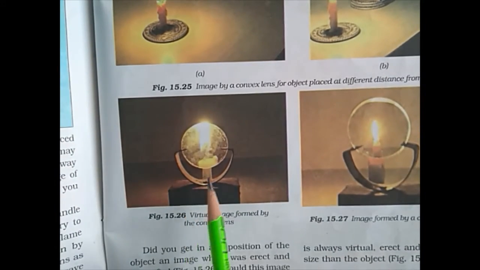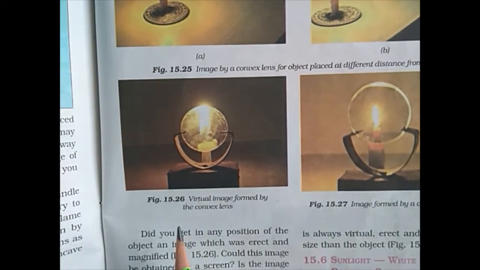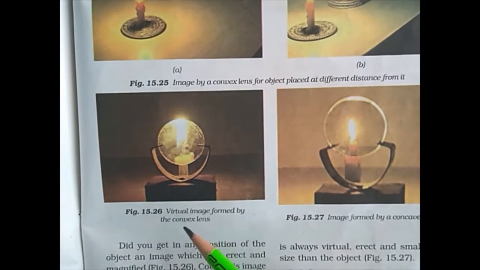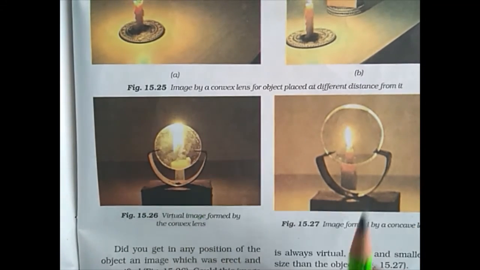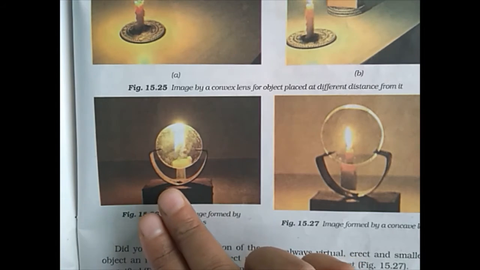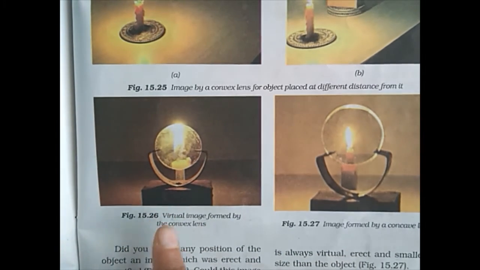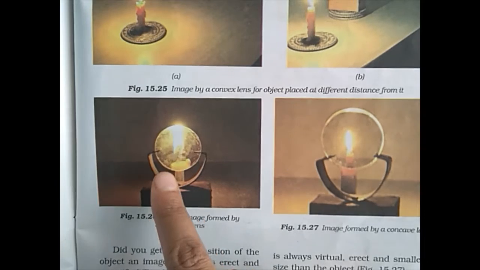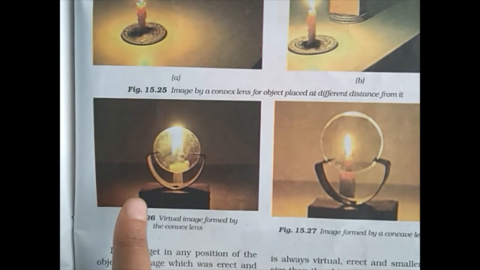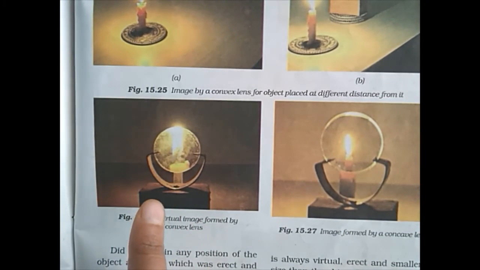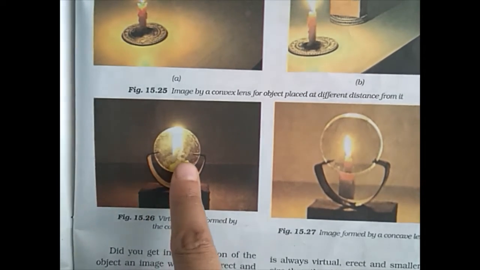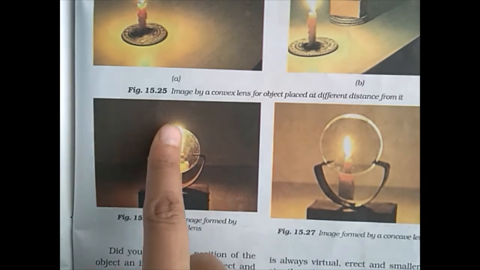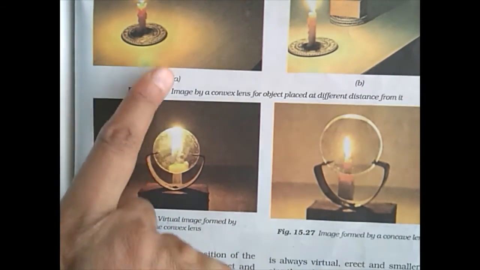In the next case we can observe the virtual image formed by the convex lens. As the object is much nearer to the lens, what will happen? We have to create an imaginary convergence point here, because in this case the refracted rays will be diverged.